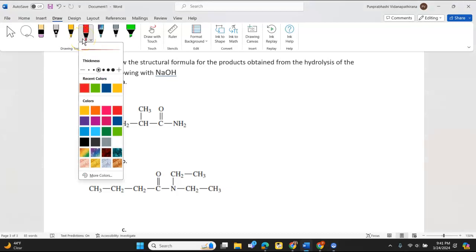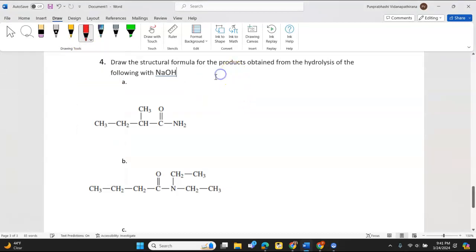In the base hydrolysis, the products would be, I'm going to write that here, the carboxylate salt, the sodium salt of the carboxylic acid, plus ammonia or amine. Those would be the 2 products.